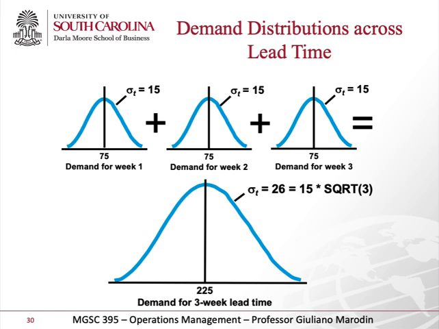You have to use that square root to actually make it into a normal distribution of 3 weeks. So again, if the average is 75 and the standard deviation is 15, for a 3-week period the standard deviation will be 26. Not 45, not 3 times 15, 26, because that's 15 times the square root of 3, what we just saw, the square root of the lead time.